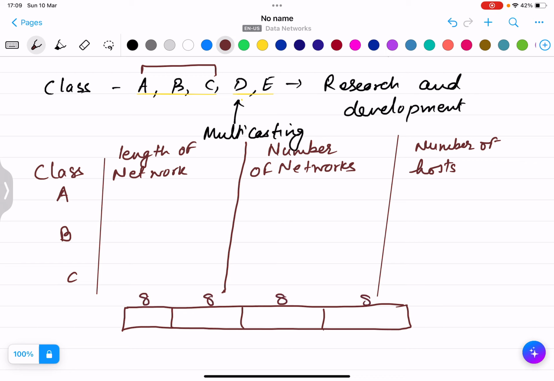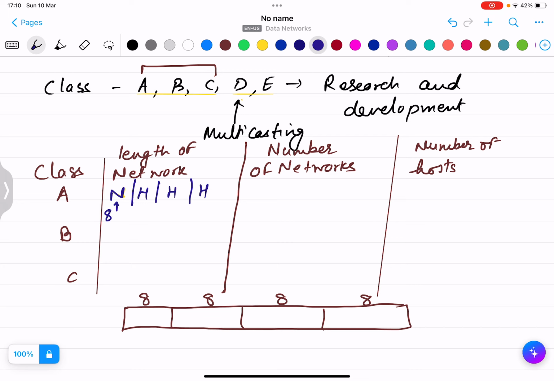Depending on the class, class A will have 8 bits of network address, then 24 bits of hosts. So it basically has 8 network bits, and the remaining bits are your host bits.